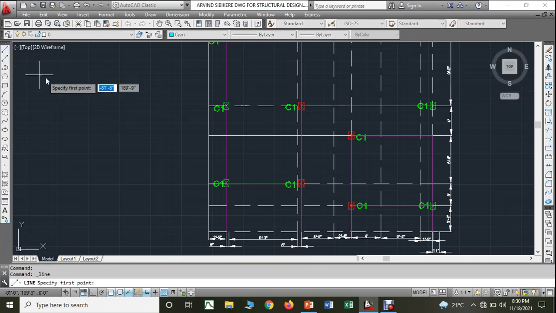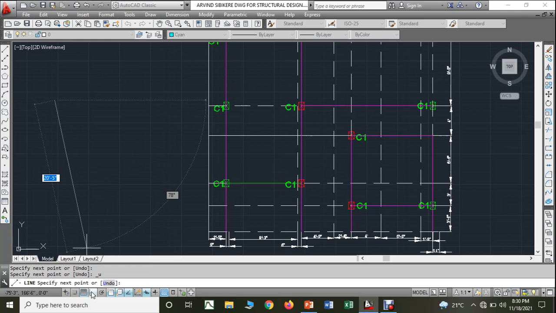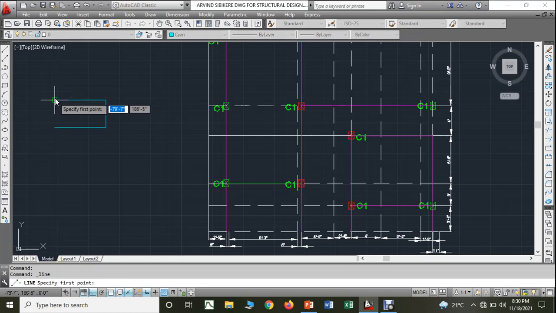For example, if I consider a rectangular column like this, we are going to call this the shorter dimension of the column, whereas these two we are going to call the longer dimensions of the column.